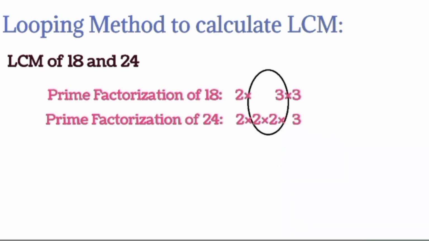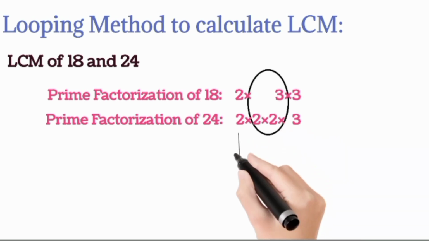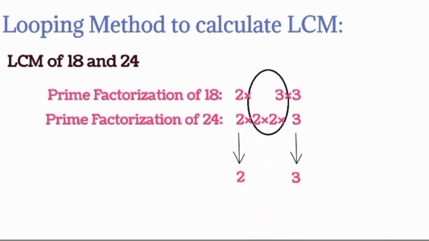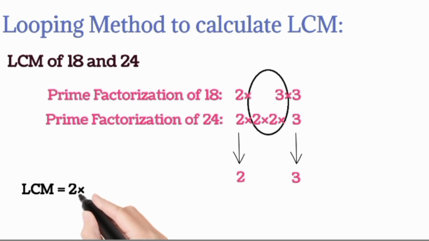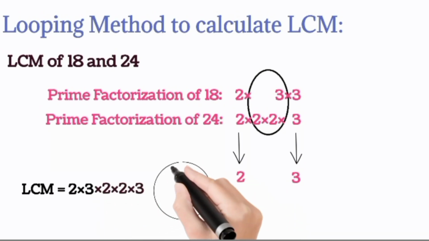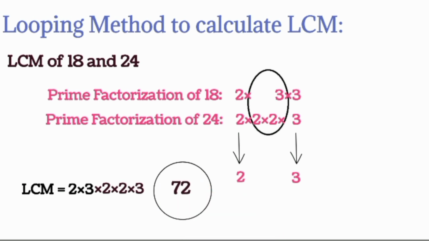The common factors that we see here are one of the 2's and one of the 3's. So the LCM of 18 and 24 is common times uncommon. It turns out to be 2 times 3, which are common, and then 2 times 2 times 3, which are uncommon. So the LCM of 18 and 24 is 72.